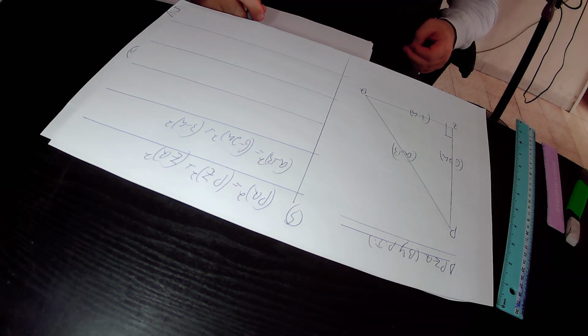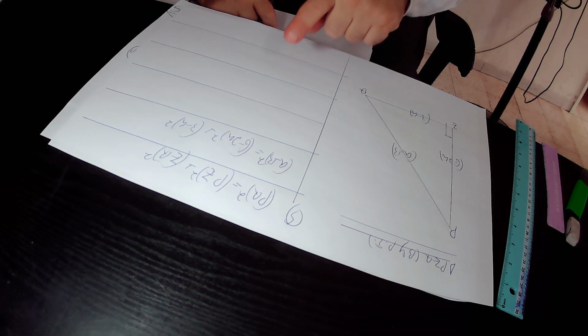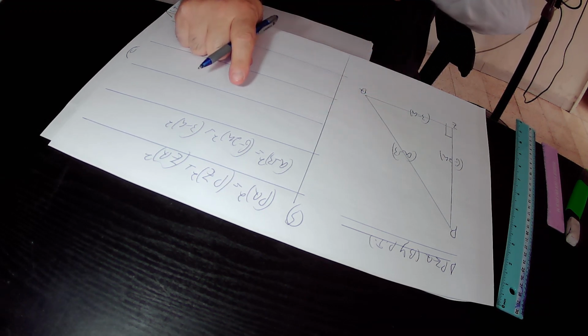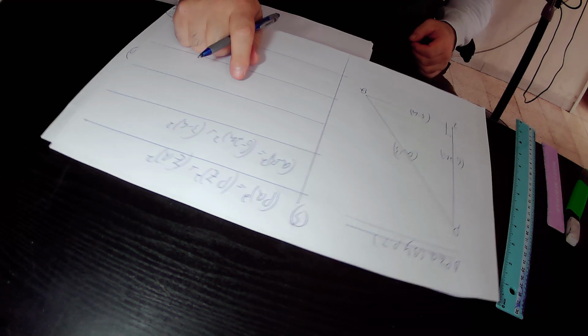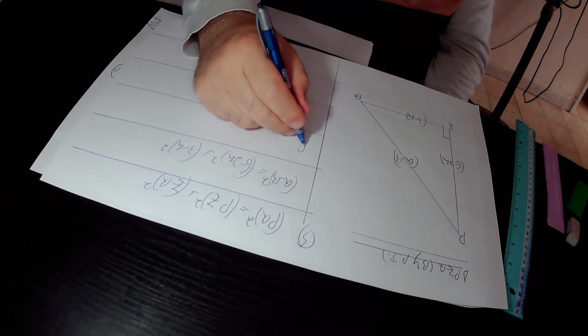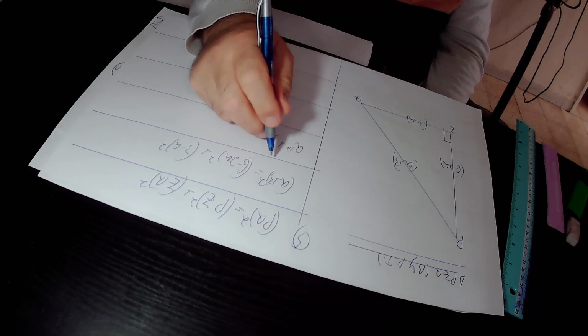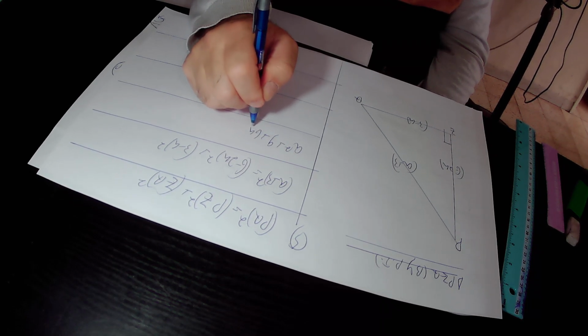In conclusion, according to the Pythagoras theorem in the right triangle PZQ, (A plus 3) square equals (6 minus 2A) square plus (3 minus A) square. We open the brackets on both sides of this equation, and we get that (A plus 3) square equals A square plus 3 square, that is 9, plus 2 times A times 3, that is 6A.